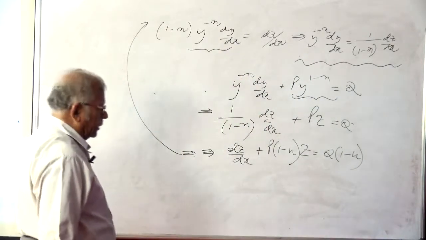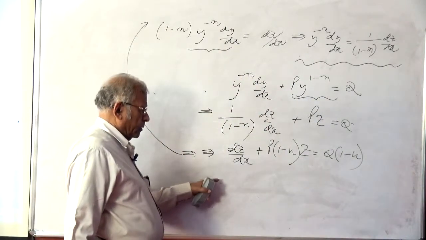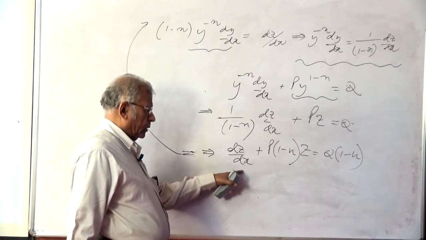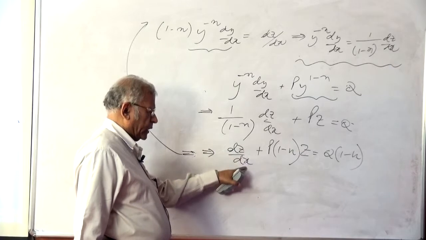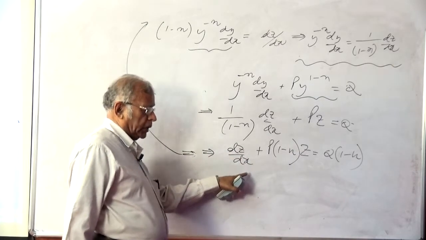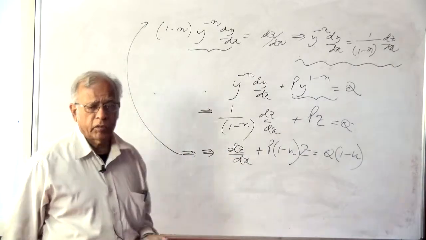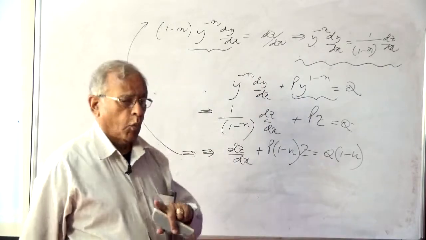So now this is a linear first order equation involving z as the dependent variable and x as the independent variable, but there is no loss of information from what we have done in terms of y and x.